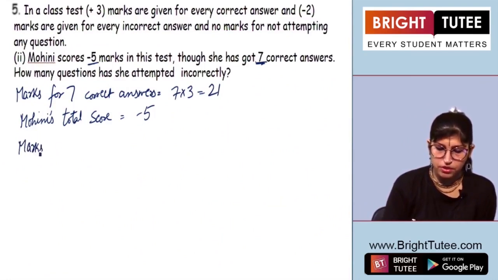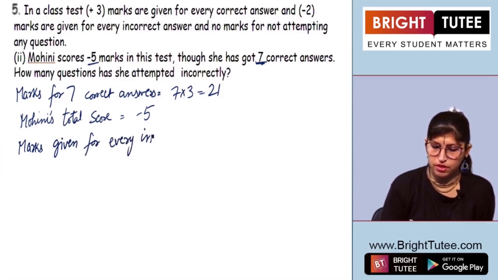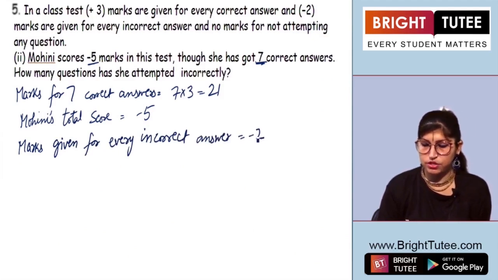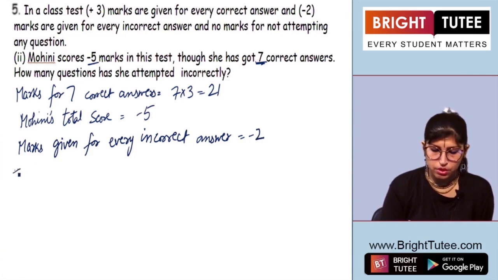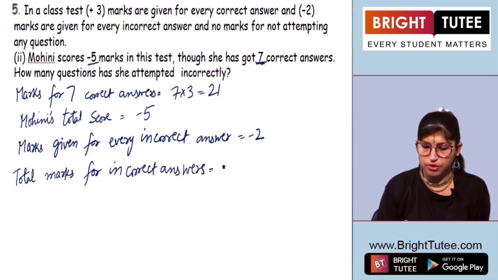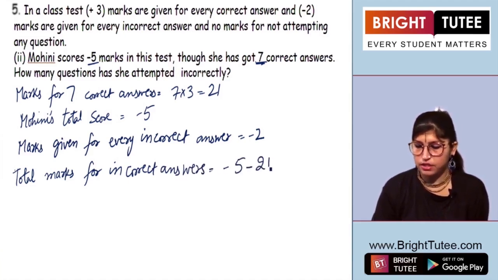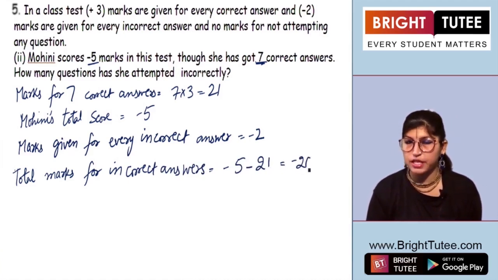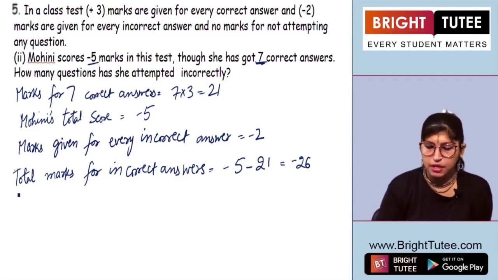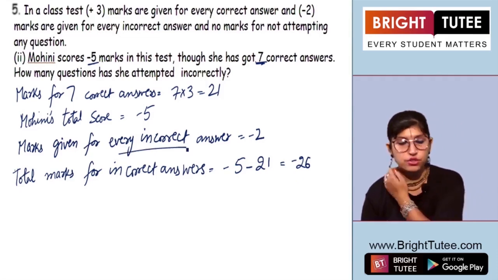So the next step: we are aware that marks given for every incorrect answer is -2. So total marks for incorrect answers will be the total score minus the marks for correct answers, which will be -26. Now we know total marks for incorrect answers is -26 and marks given for every incorrect answer is -2.